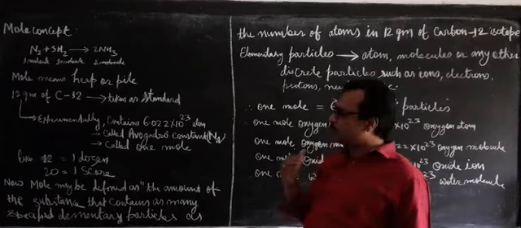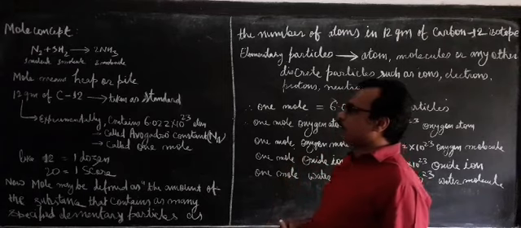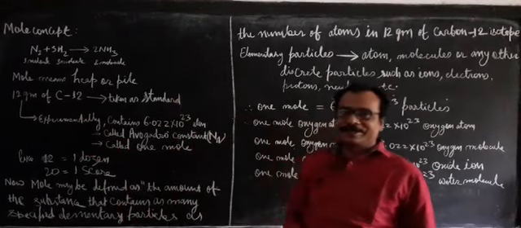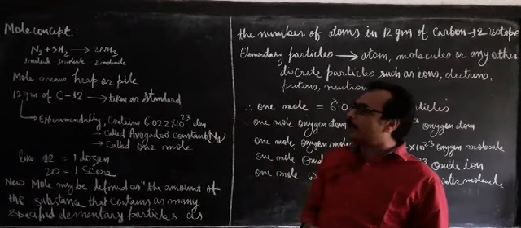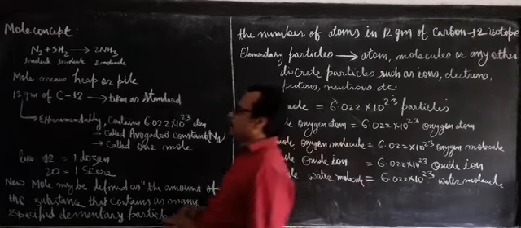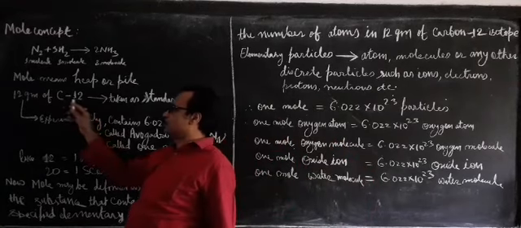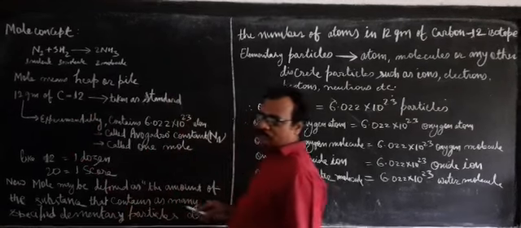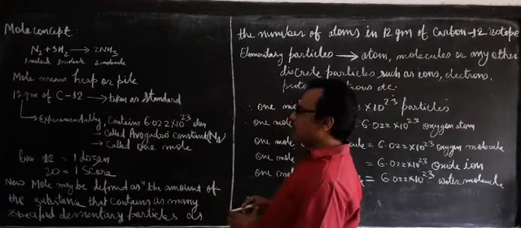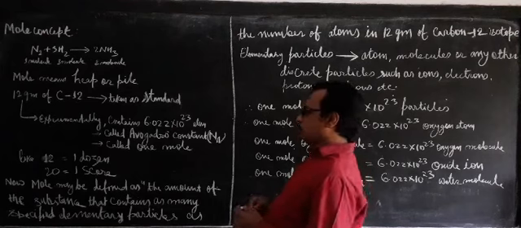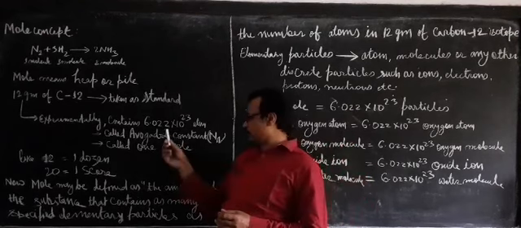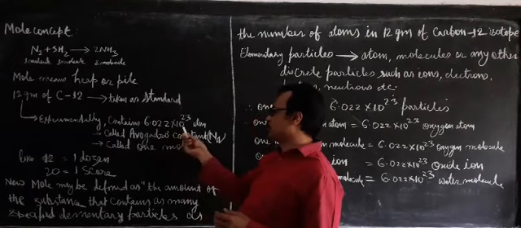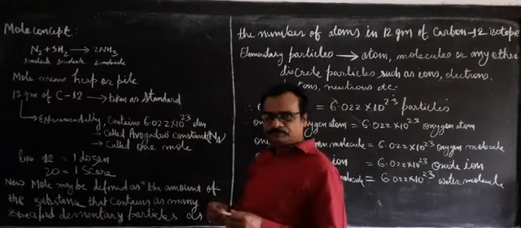In this way, ultimately, as a standard scientists have taken 12 gram of carbon 12, the carbon 12 isotope. When we took 12 gram of the carbon isotope, experimentally when the atoms were counted, it contains 6.022 into 10 power 23 atoms.